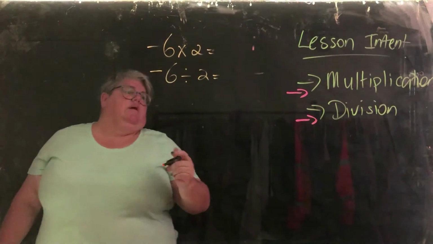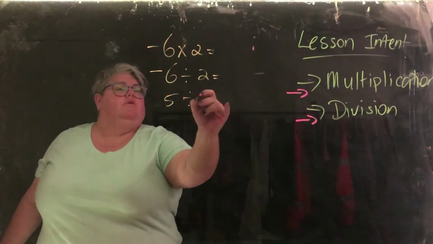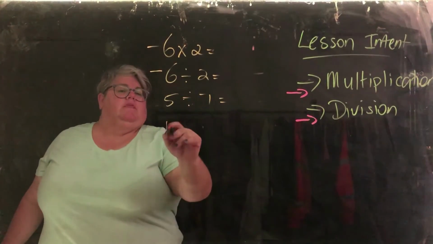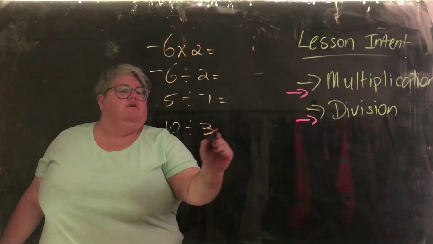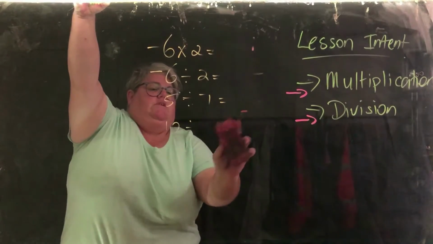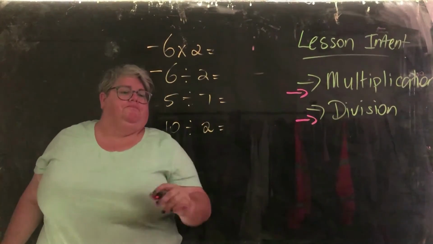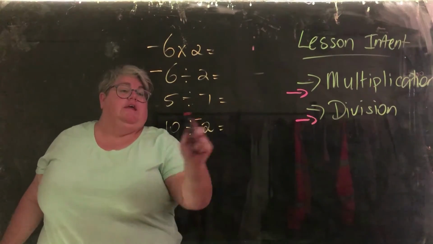Okay, let's have a look at a couple others. So we have 5 divided by negative 1, then we want whole numbers because we're dealing with whole numbers here, so 10 divided by negative 2.